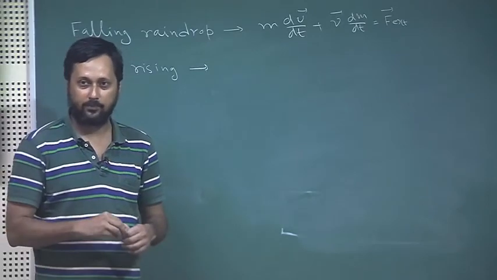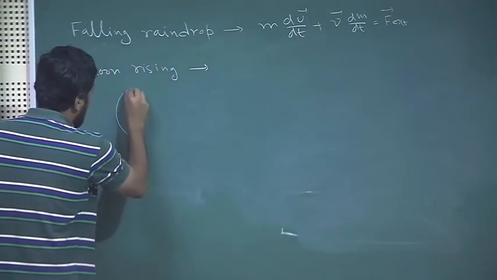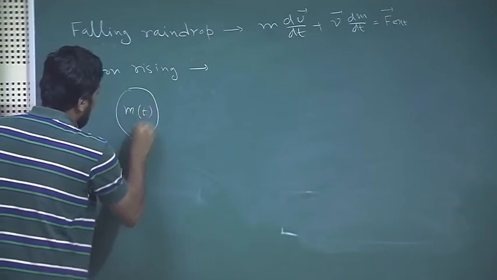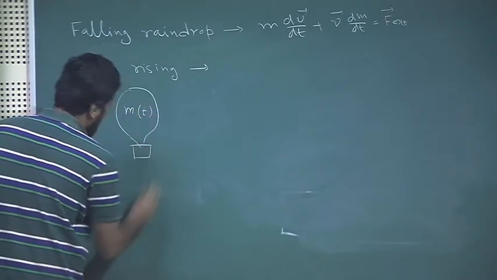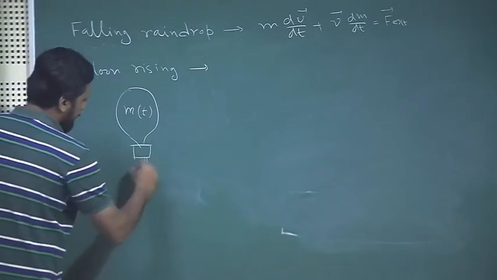moving upwards slowly. So, let us assume a situation where we have a balloon with initial mass m, which is once again a function of t, and let us say it starts losing sand at a given rate.